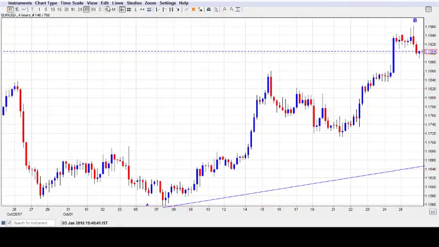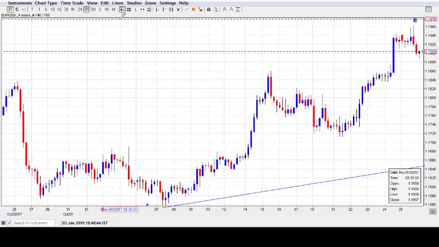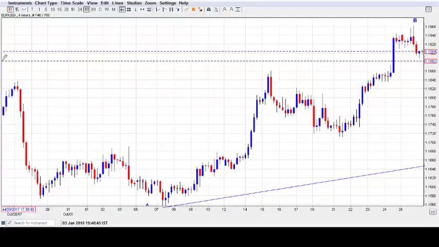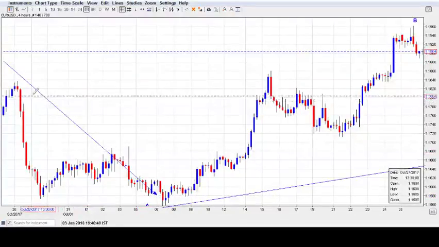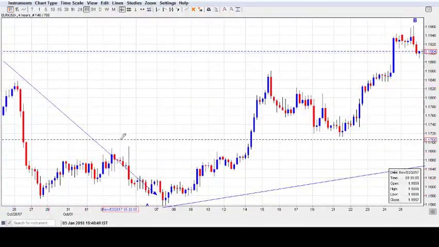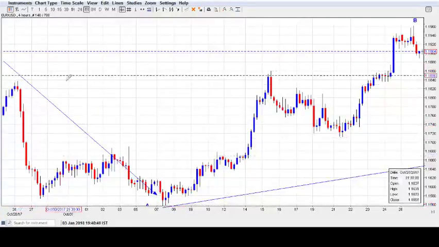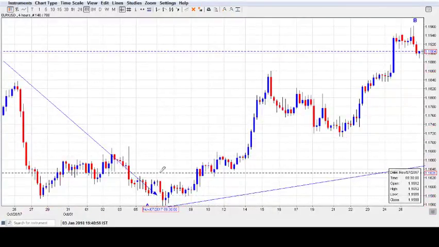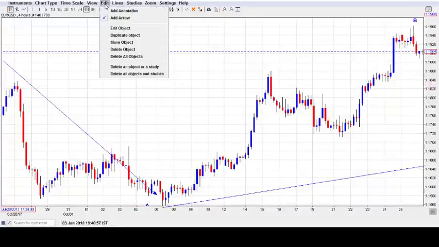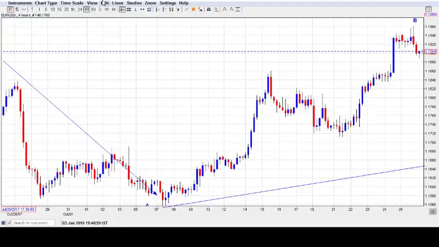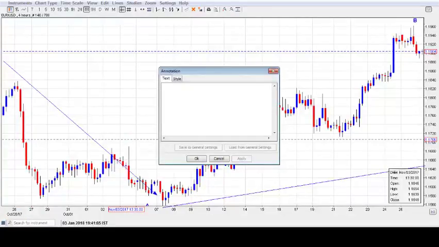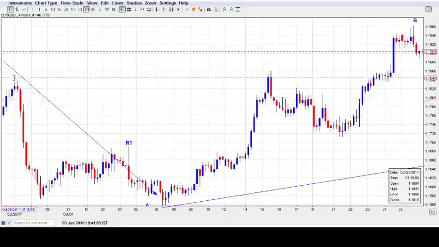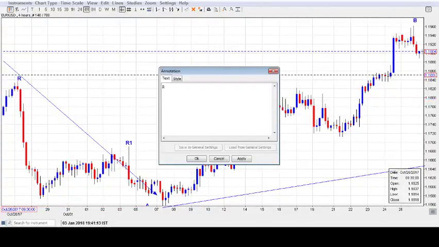You would say that the price was dropping earlier on, and then by all means you might have plotted an ABCD, or an earlier ABCD somewhere here, and then you would say that okay, this one is my first resistance, R1, and that was my second resistance, R2.